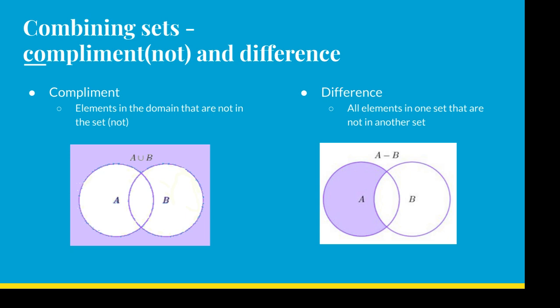B would be shaded in. That's right. So this piece right here would be shaded in. It would be all the elements in B that are not also in A. So this one, you have to remember that the order of these two is important. You have to consider that when you consider the result.